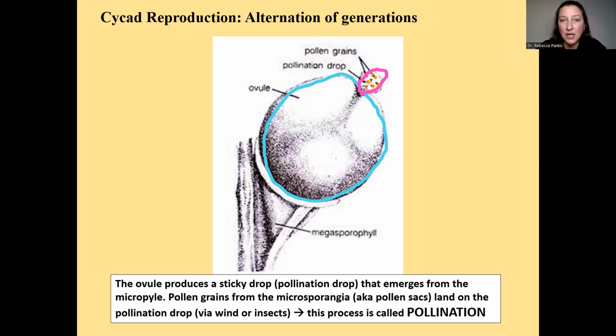And then eventually the sticky drop is going to dry back up into the ovule, and bring with it the pollen grains into the ovule. That's what this says down here. When the pollen grain lands on the ovule, we call that pollination. So pollination is when the pollen grain lands on an ovule, in this case, on the pollination drop.